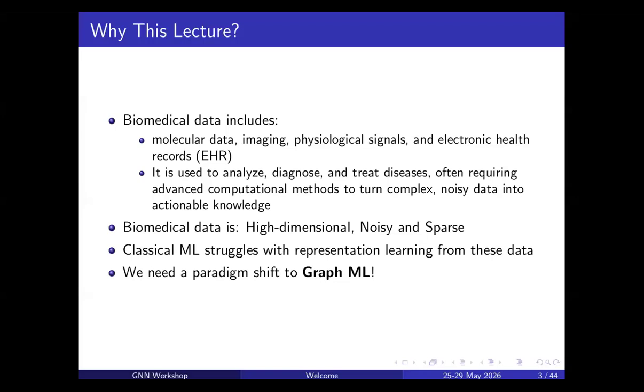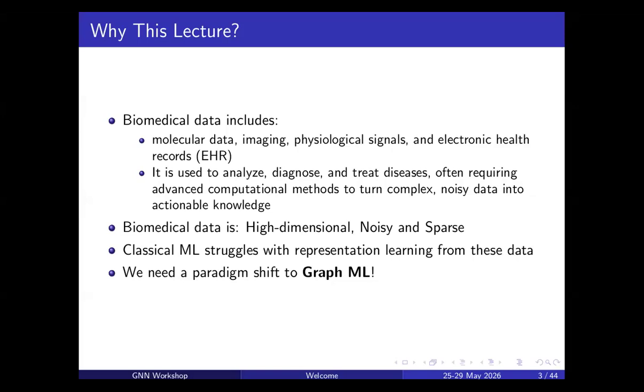So if we are working with classical ML, like deep learning, CNN, LSTM, or any traditional machine learning algorithms on this kind of data, this approach may fail to capture most of the interactions between different modalities, because a biological process is not just one modality.